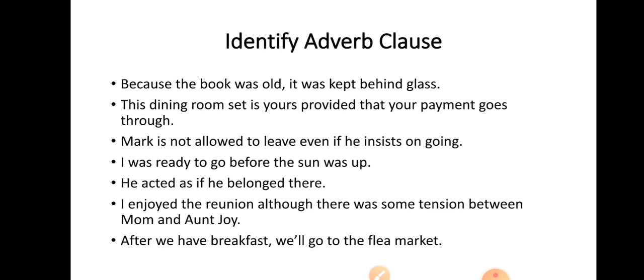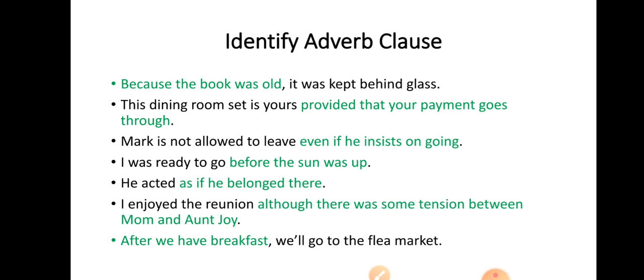Mark is not allowed to leave even if he insists on going. You can identify the adverb clauses for the different questions, examples. Even if he insists on going.